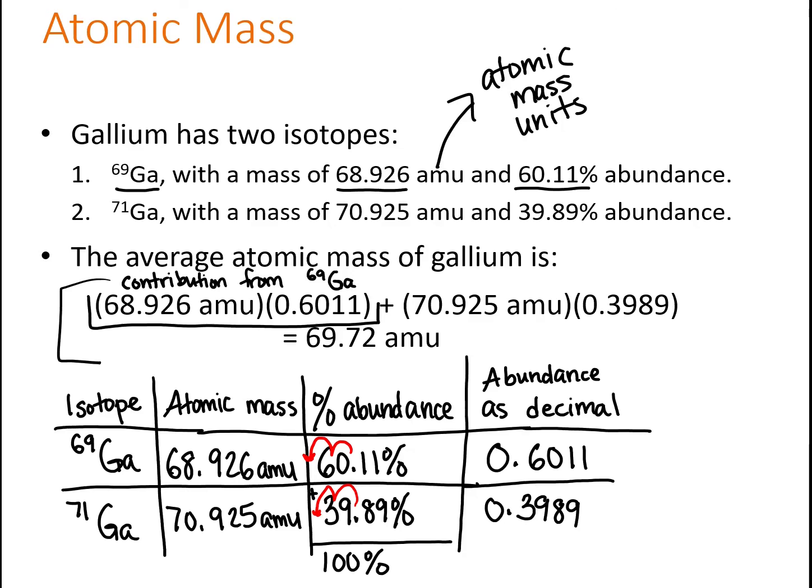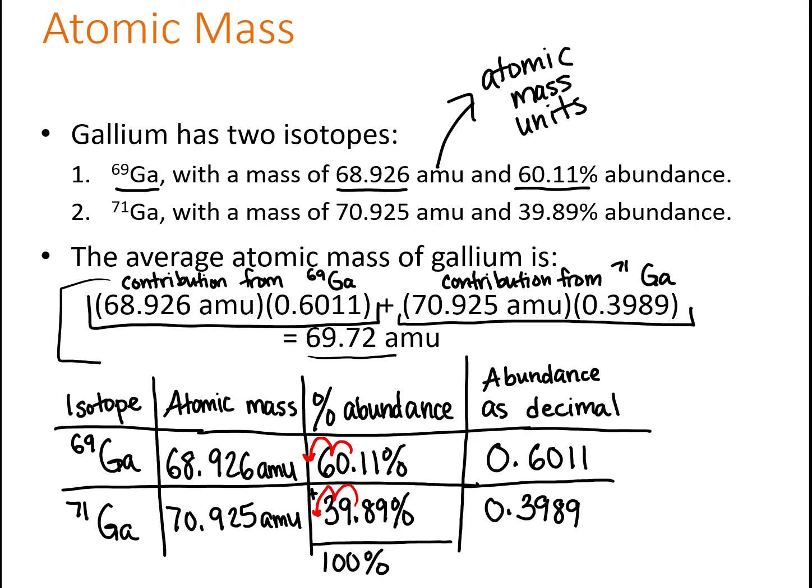That's why I added this last column. You're going to add to that the contribution from the other isotope, in this case gallium-71. Multiply the atomic mass by its percent abundance written as a decimal. You add those two things together and you get 69.72 AMU.